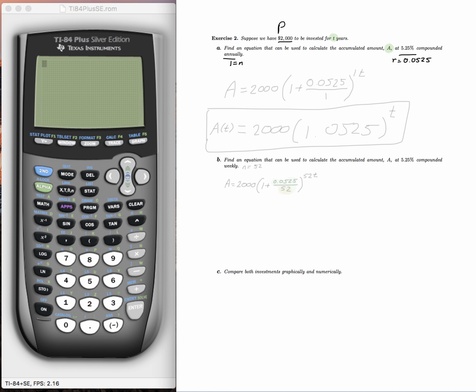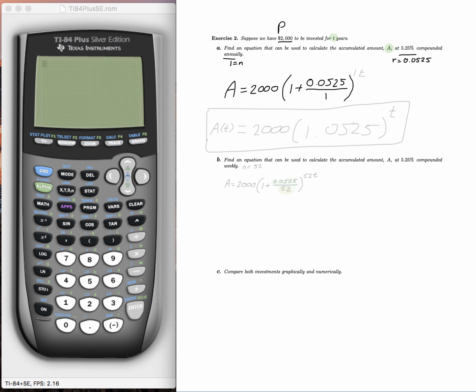Alright, now we know how these pieces of information all relate to each other. We could say A is equal to our principal, we know that's 2,000, times 1 plus our interest rate, we said that was 0.0525, divided by our frequency, n in this case was 1, so that's going to simplify things for us.